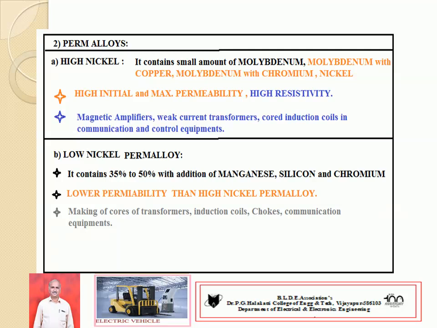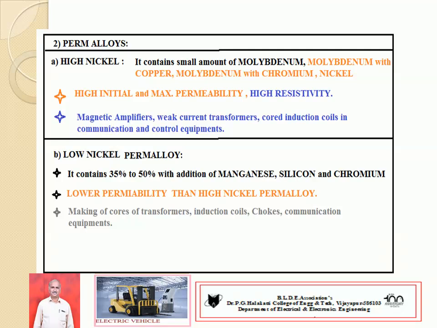It is possible to achieve high initial and maximum permeability with high resistivity. Such materials are required in magnetic amplifiers, weak current transformers, cored induction coils and communication and different control equipment. The content of nickel makes a variation in permeability.